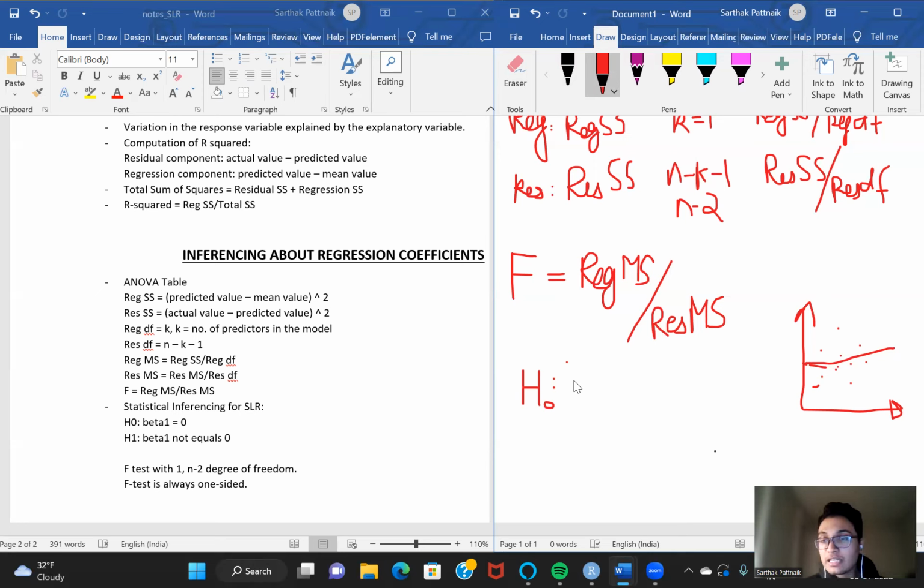And if there is no linear association between x and y, the slope or the coefficient of my independent variable in the equation of linear regression is going to be 0, which means beta 1 will be equal to 0. This is my null hypothesis assumption.